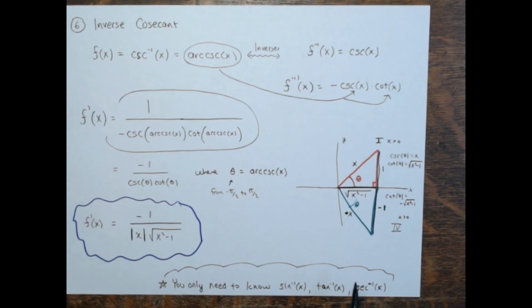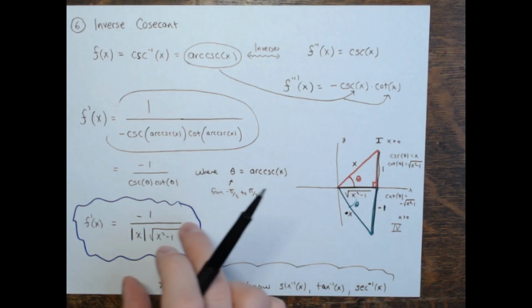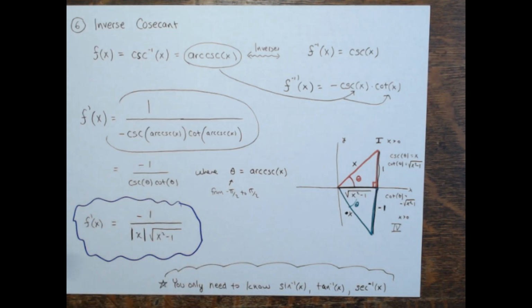Because if you know these three, the inverse cosine, inverse cotangent, and inverse cosecant have just the opposite derivative. So again, despite the jumbled mess over here, that's key.